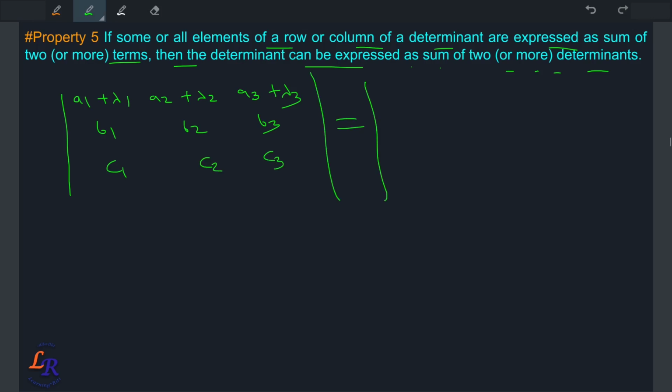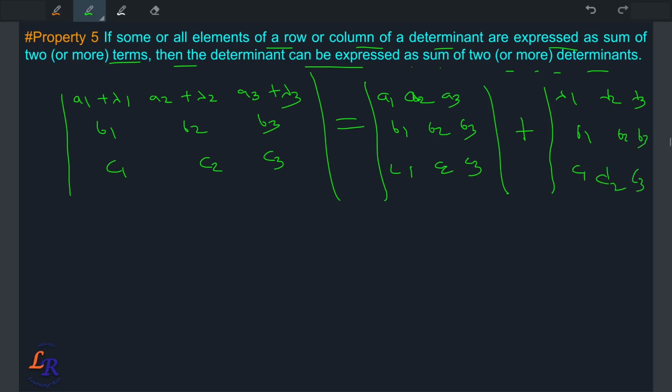It can be written as a1 a2 a3, b1 b2 b3, c1 c2 c3, plus the other one, lambda 1, lambda 2, lambda 3, b1, b2, b3, c1, c2, c3, right? So that's the interesting property.